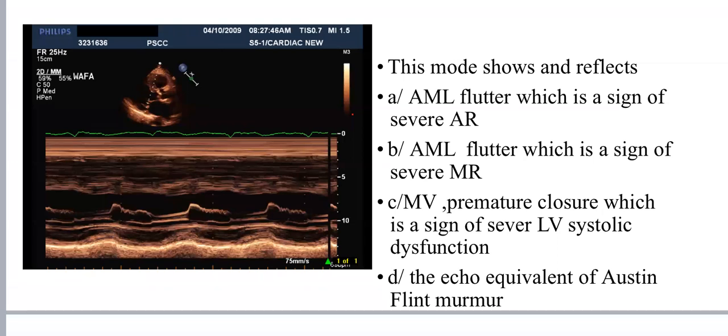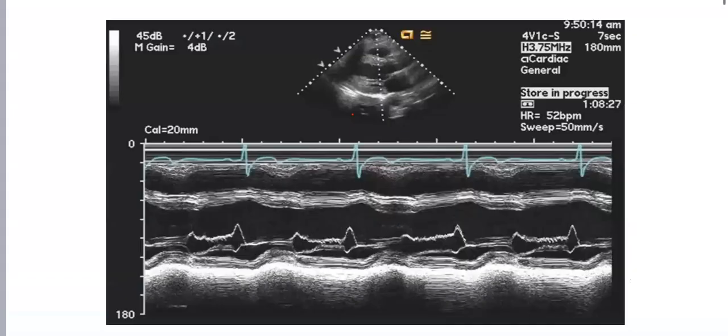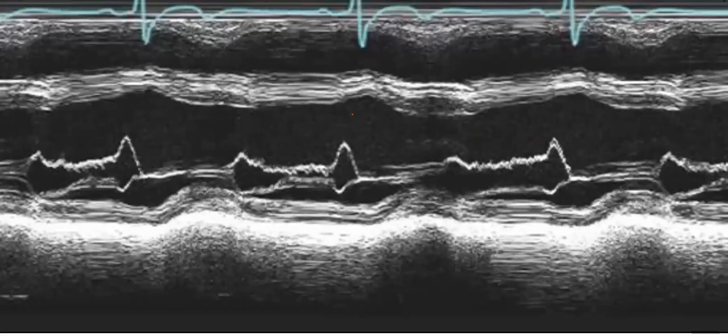One is the flutter and the other is the premature closure. If I take it like this, look at this one here. I have two signs: flutter, and the leaflet is not opening as wide as it is supposed to. Let's name them, flutter and premature closure, okay?